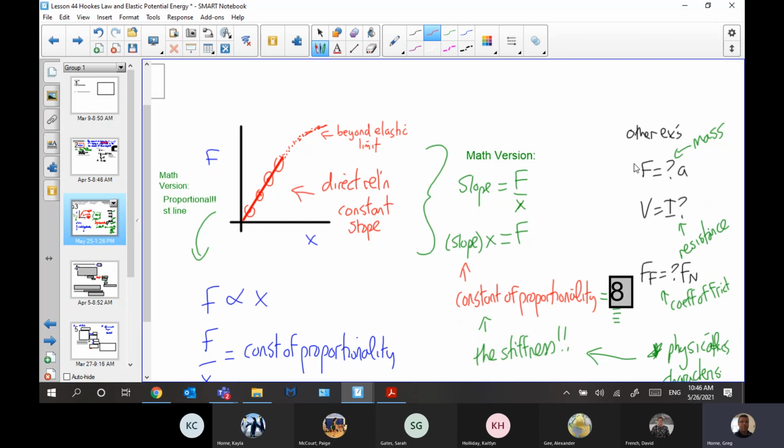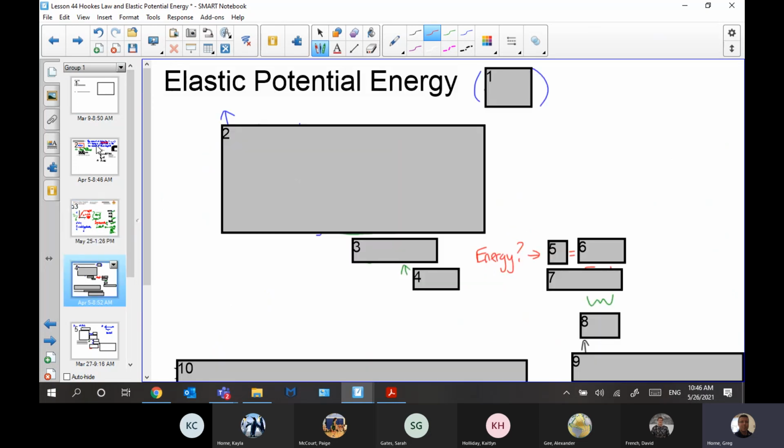These are all simple 3-variable equations where we have one thing depends on another thing. One concept depends on another. Acceleration depends on force. Current depends on voltage. Friction depends on the normal force, all those things. So it should be pretty straightforward to understand where F equals kx comes from, and just have a good understanding of it.